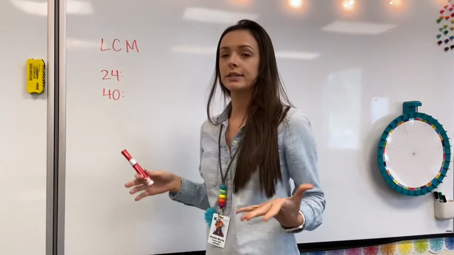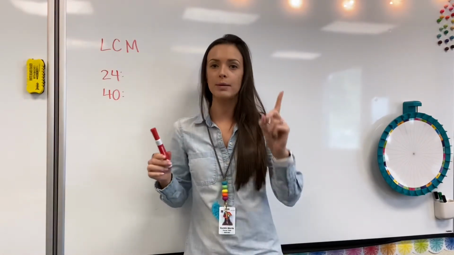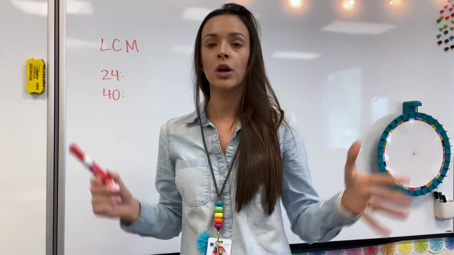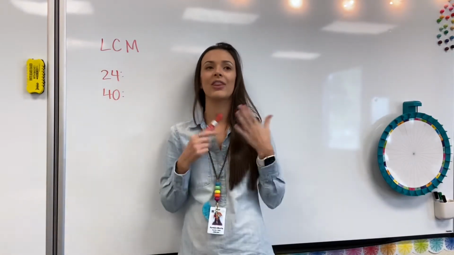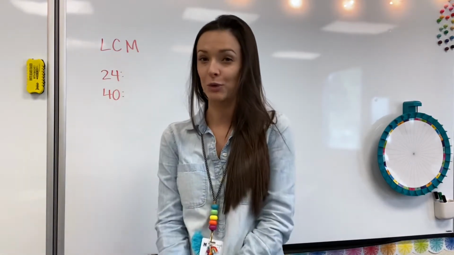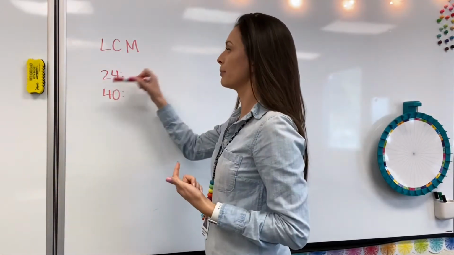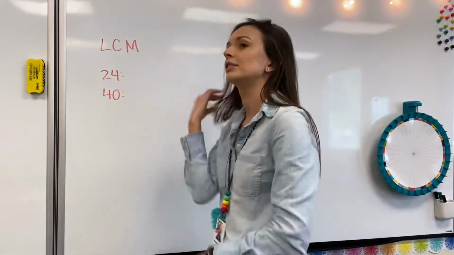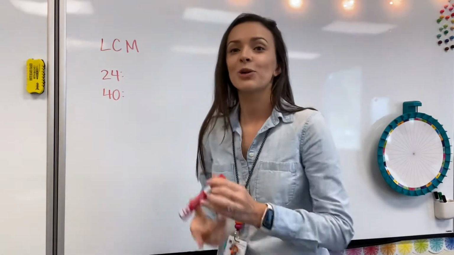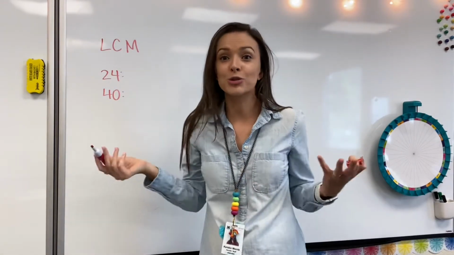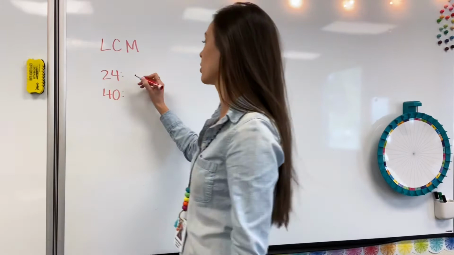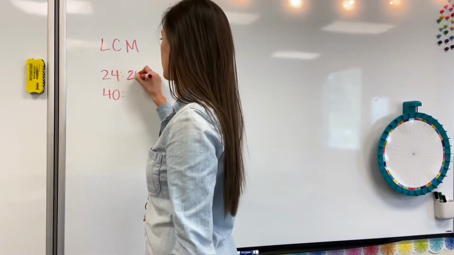So a lot of times the number one mistake that students make with multiples is that they forget what the very first multiple is. So we're going to multiply the number that we're finding the multiples of by 1. So the first multiple is always going to be the actual number itself. So 24, the first multiple is 24.